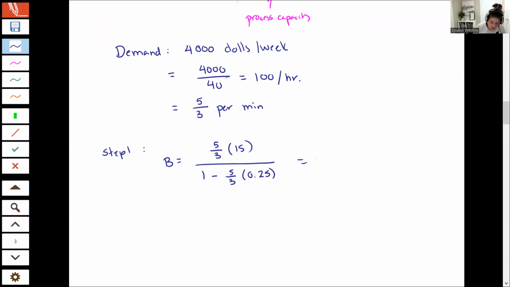So here I get 42.85, so about 43 per batch.